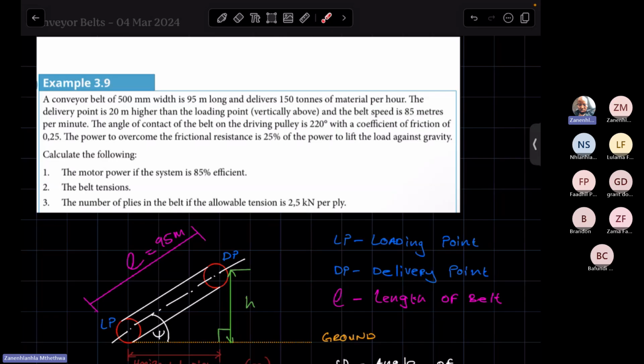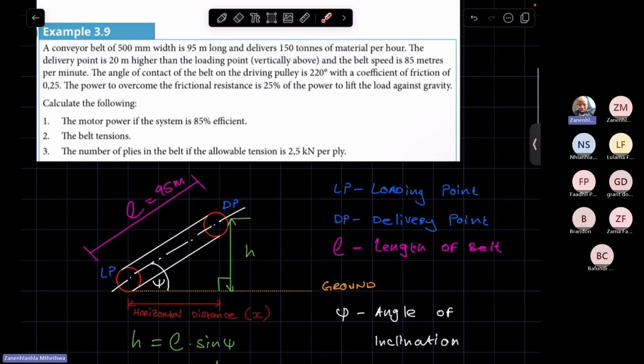Right, now let's look at calculations. They want us to calculate the motor power if the system is 85% efficient, right? So we have a system here that is not 100% efficient. So in calculating the motor power, the motor power is the power in, right?